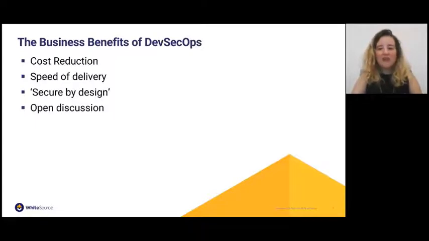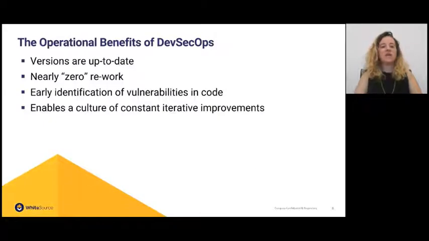So even when you design the code, even when you design the new component, you choose the actual open source components that you want to use, you choose them in a secure way from the beginning. And we also have this open discussion between the teams, which of course causes a lot of benefits to the business. If we have that open discussion, we can eliminate the friction that we discussed before. And again, this has a very high benefit to the organization itself.